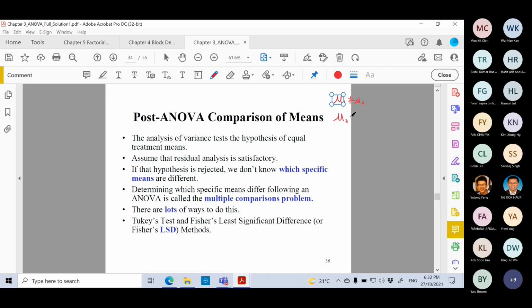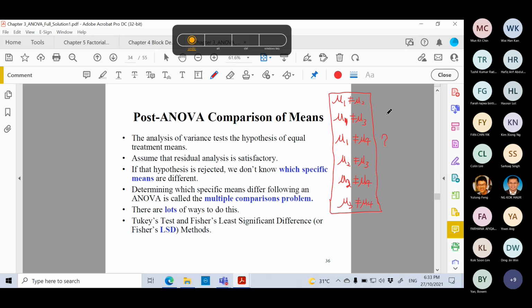We have the pairs 1-2, 1-3, 1-4, 2-3, 2-4, and 3-4. These are all the 6 different combinations. Because our answer is to reject H0, but we do not know which one is rejected.